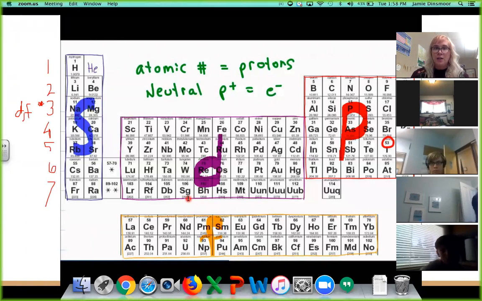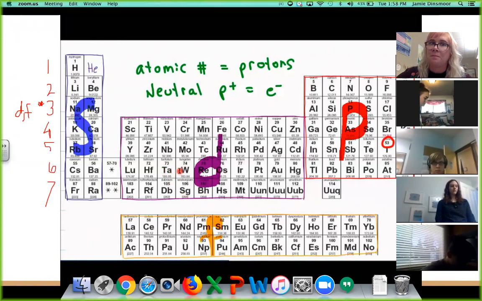They start filling a 3d orbital before 4s has been filled, and you can't do that, right? It goes to the lowest energy level available. 4s, even though it has a 4 in front of it, is technically lower energy than 3d. So that is a trick.